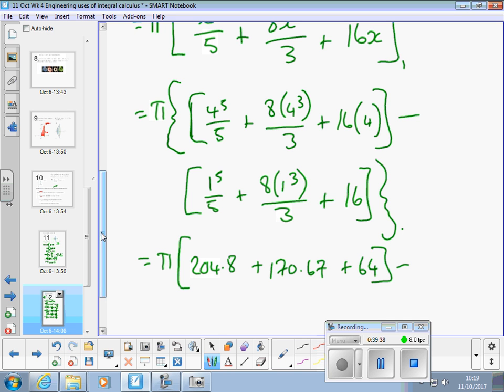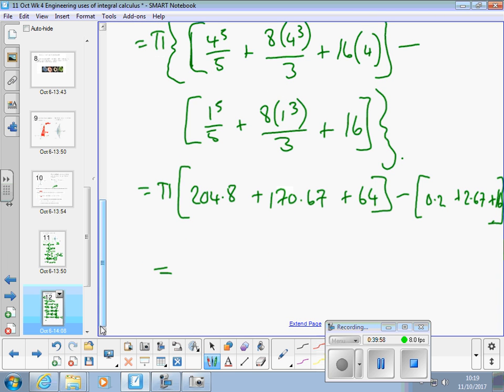Take away 0.2 plus 2.67 plus 16. And the final answer, not evaluating pi, is 420.6 pi cubic units.